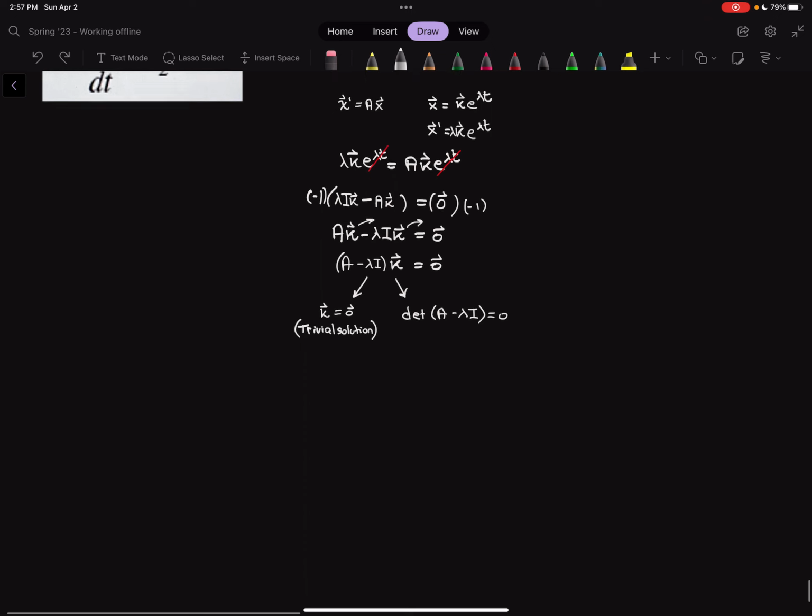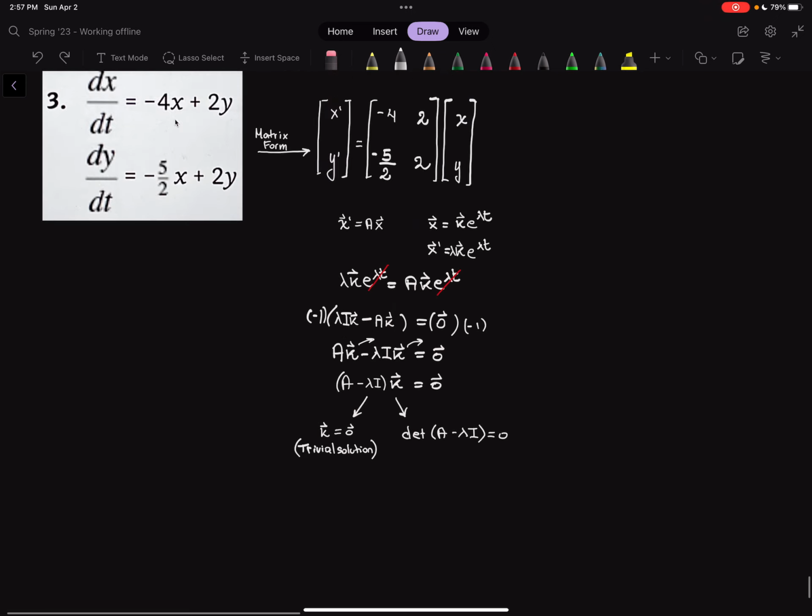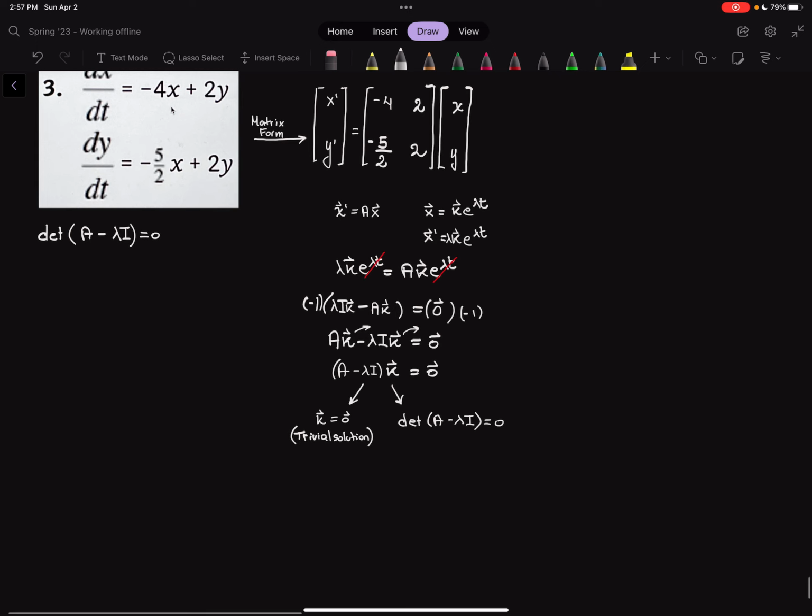So now let's apply this to this particular case. We want to say that the determinant of A minus lambda I is equal to 0. Okay, so let's substitute what we have. Our A is -4, and to indicate determinant, if you use vertical walls, that means the determinant.